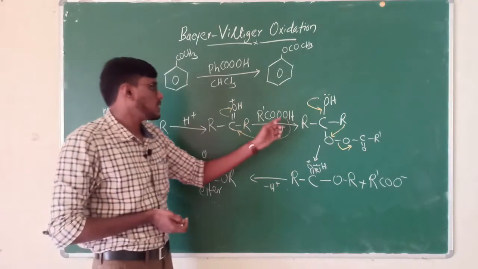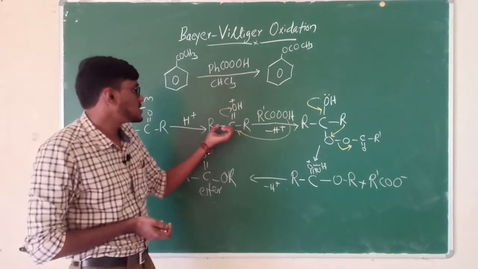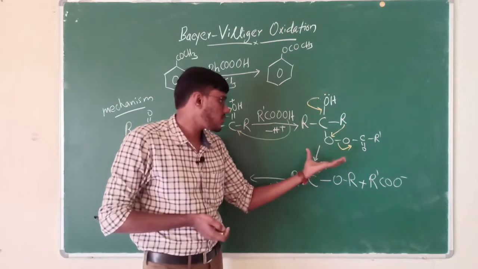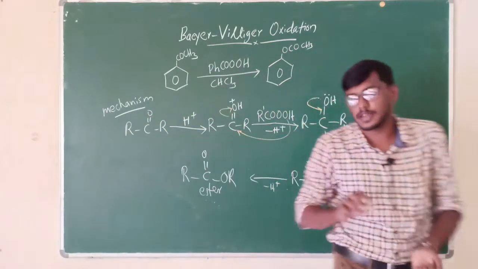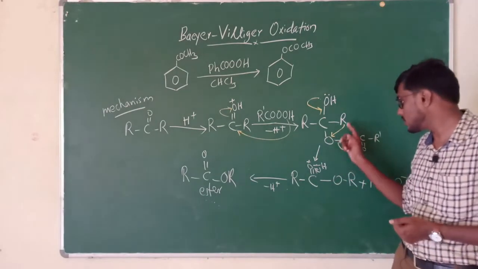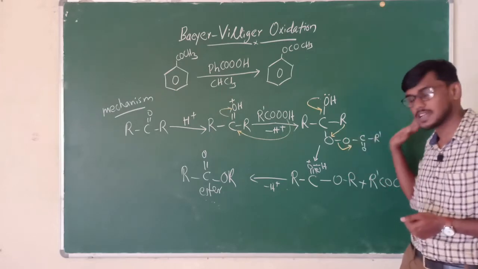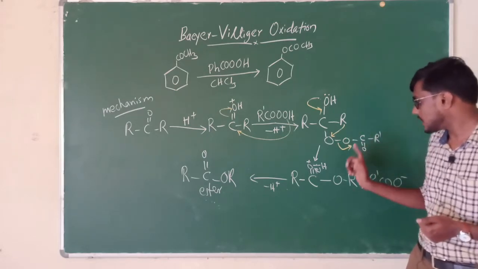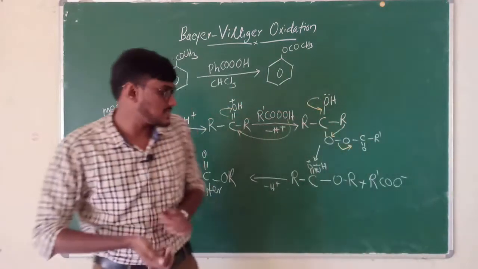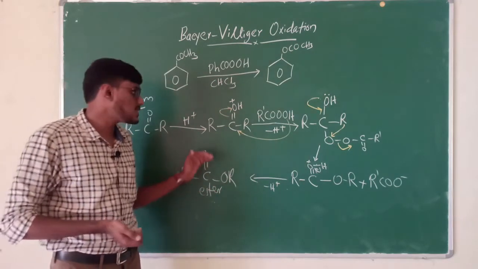Second step, the peracid adds and a tetrahedral intermediate is formed. In this intermediate, through a concerted mechanism, an alkyl shift occurs and the carboxylate ion leaves, and in the next step one proton leaves and gives the ester RCOOR as the product.